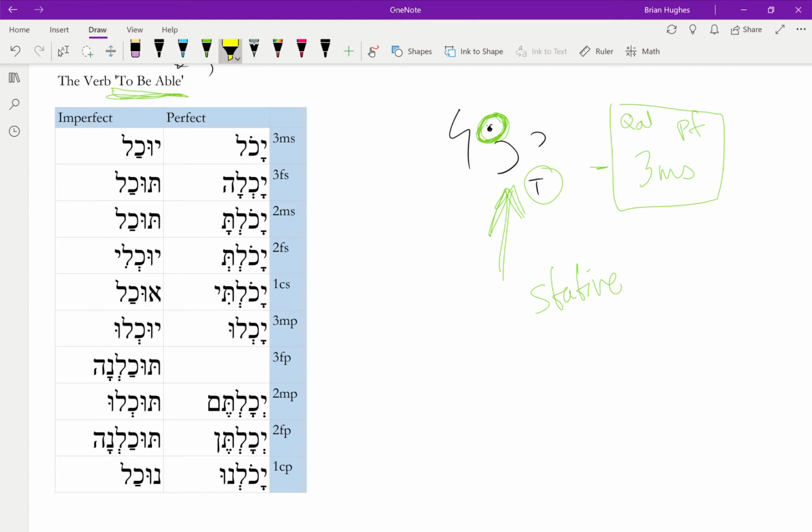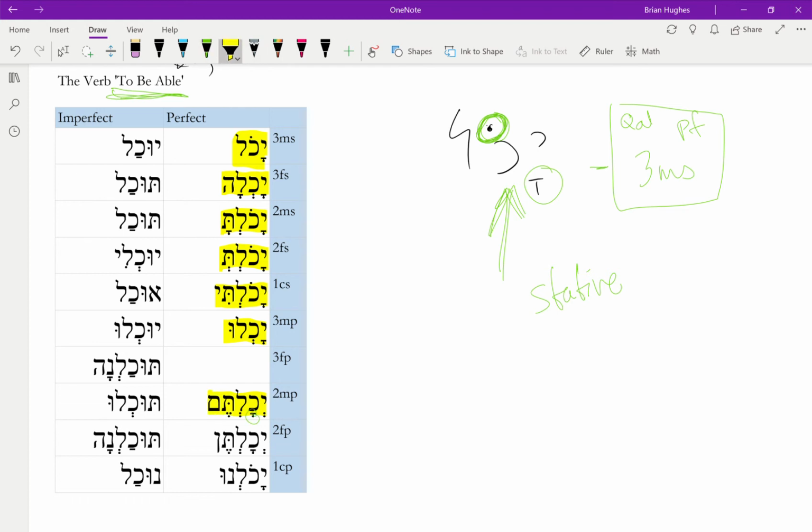So just to go through this paradigm, and Furtado has it listed out for you on page 115, we have yachol, yachala, yacholta, yacholt, yacholti, yachalu, yacholtem. Sorry, this is a kametz hatuf.